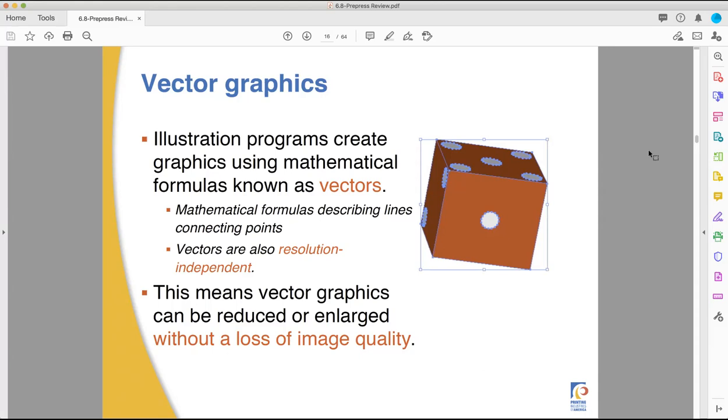The beauty of a vector is you can make it as big as you want and it will never lose quality. A vector, when preserved properly, if you print it on any press, will always print at the maximum resolution that that press can manage at the size that you tell it to print. Because a vector graphic is not a pixel graphic. It doesn't have a size until you print it.